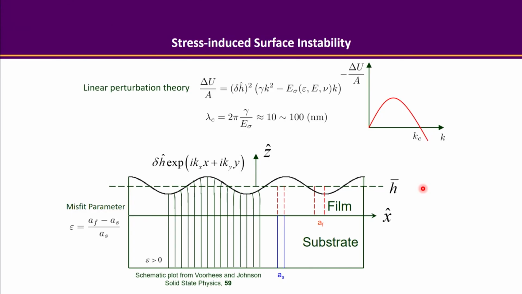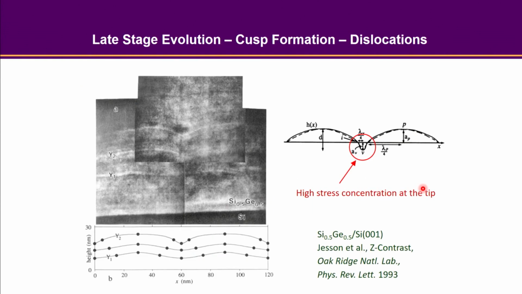Okay, so let me show you one more experiment. They are taking an image to show you that the surface profile is going to evolve over time. In the very early stage, the profile is pretty much like a sinusoidal wave.